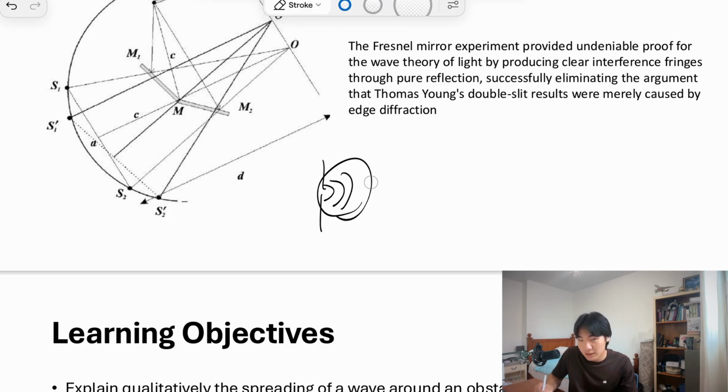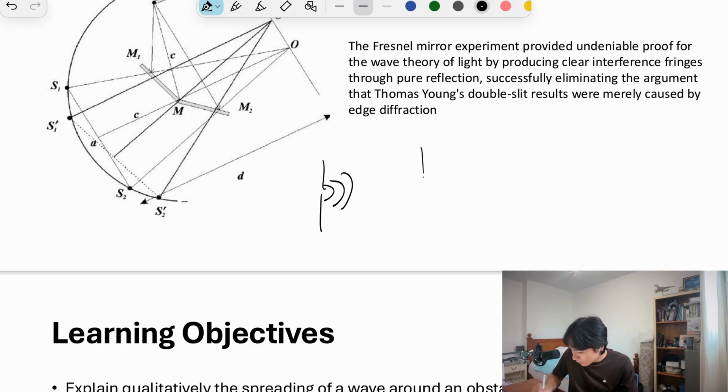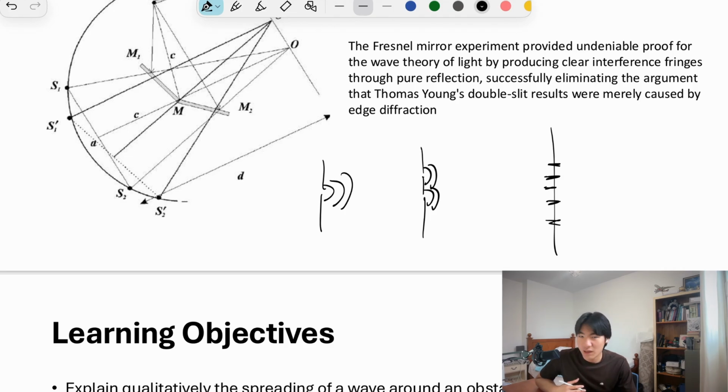They had the same phase and the same frequency. And then there's the double-slit experiment here. They interfere and he observed the patterns, right? So this is what I'd like to add just to give you a sense of how Thomas Young did it, although lasers were invented much later, right?